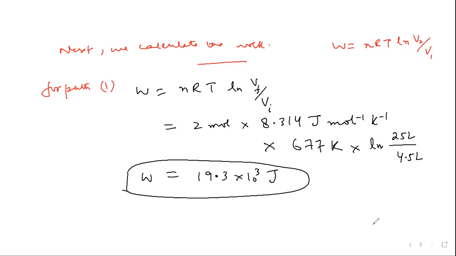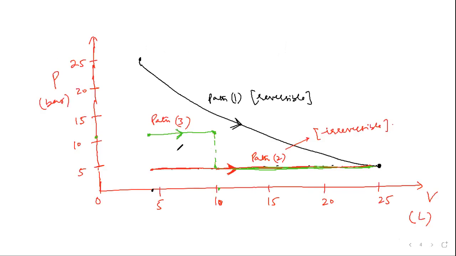Now, for path 2, which is a single step process. Remember, in the figure, my path 2 is a single step process.